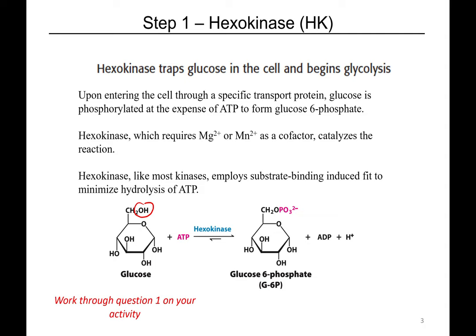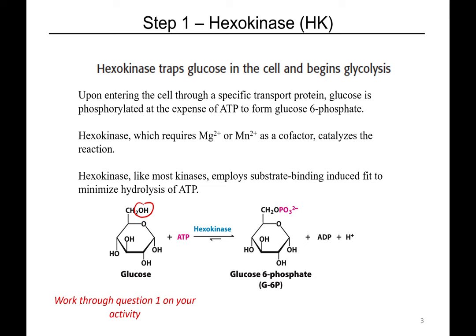Simply hydrolysis of ATP is more spontaneous than transfer of the phosphate. So kinetically, there's no difference. Thermodynamically, it's more favorable to hydrolyze ATP. So this enzyme has to have a way of preventing the more spontaneous reaction while still allowing the less spontaneous one to happen.